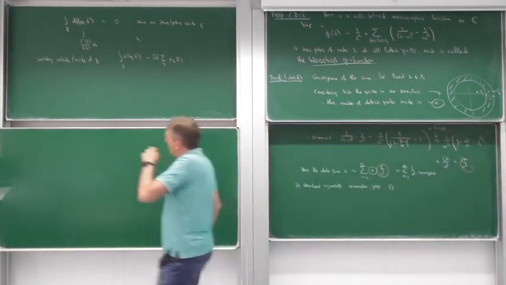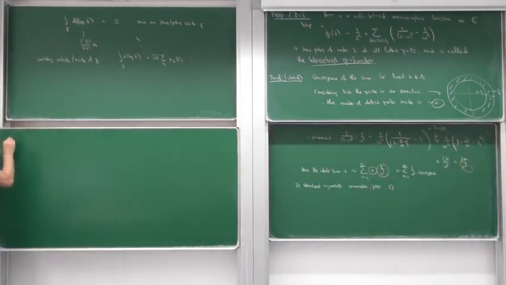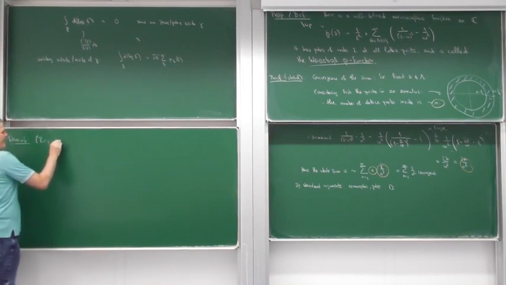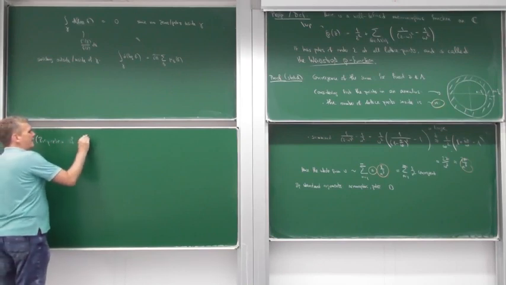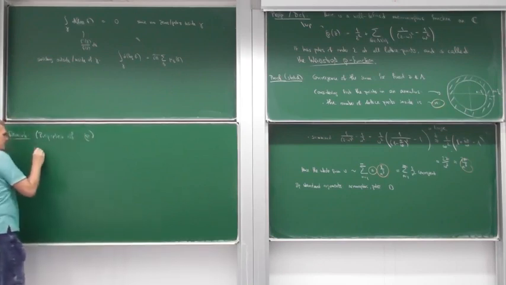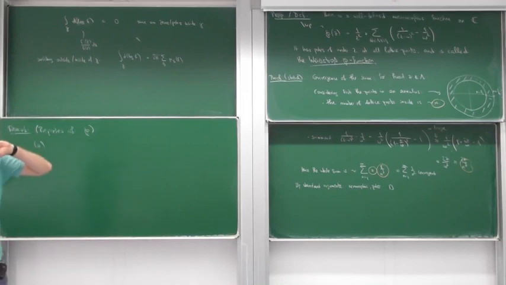So as a remark, what are properties of this p function? First of all, it is what's called an even function. So that means if you take p of minus z, you get the same as p of z.